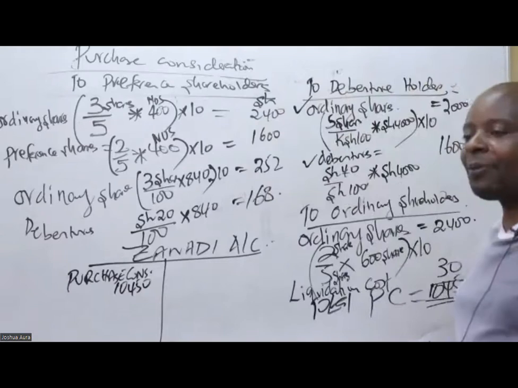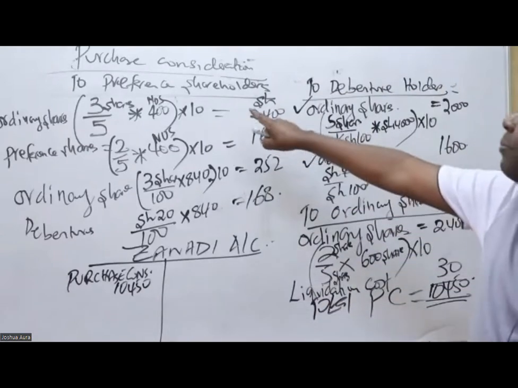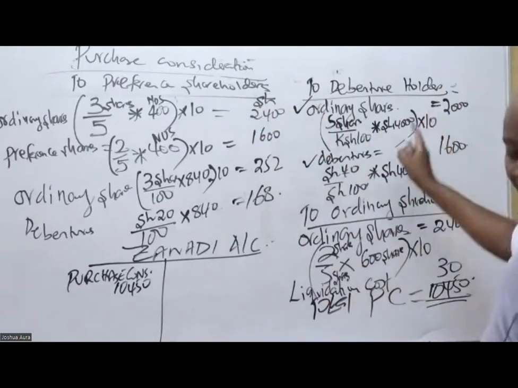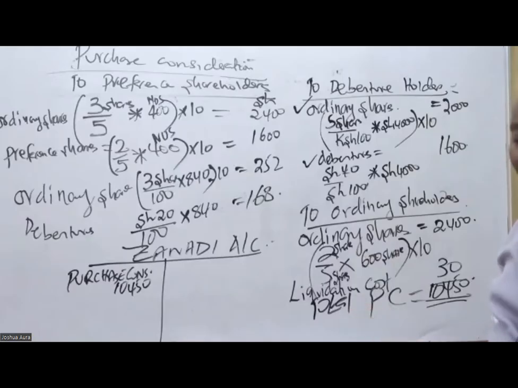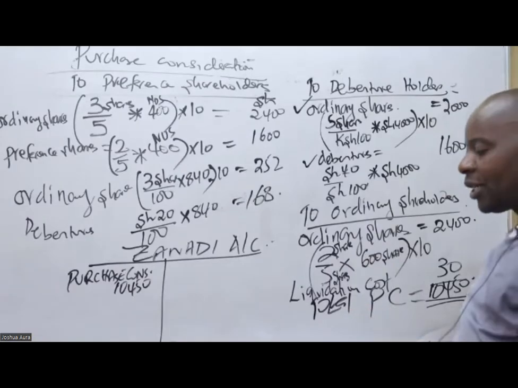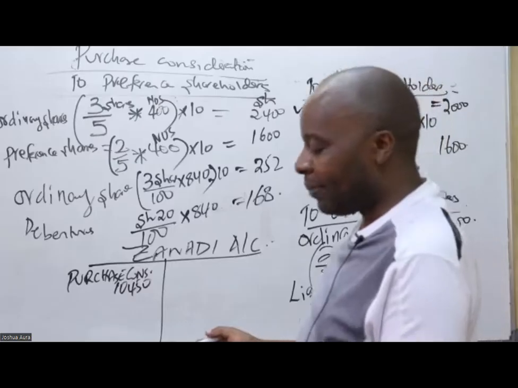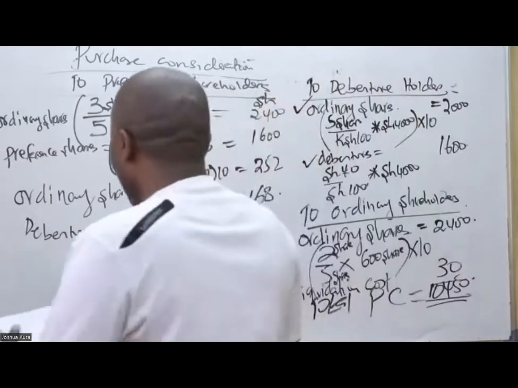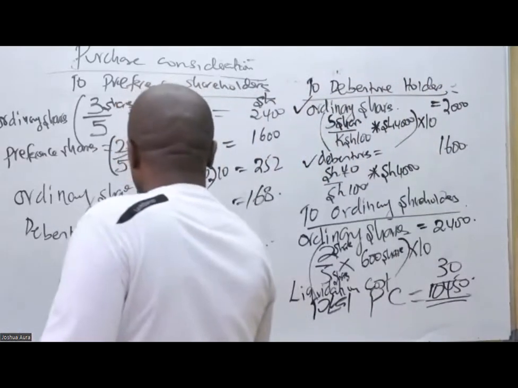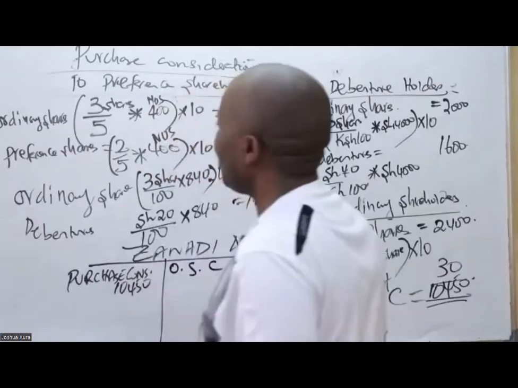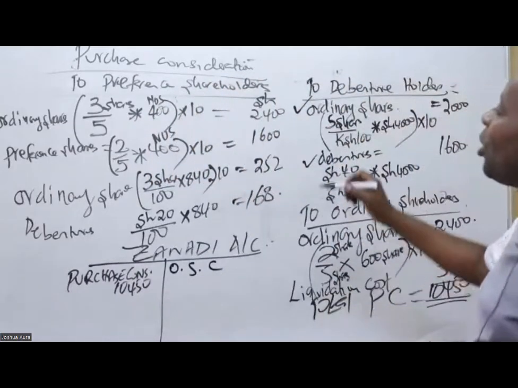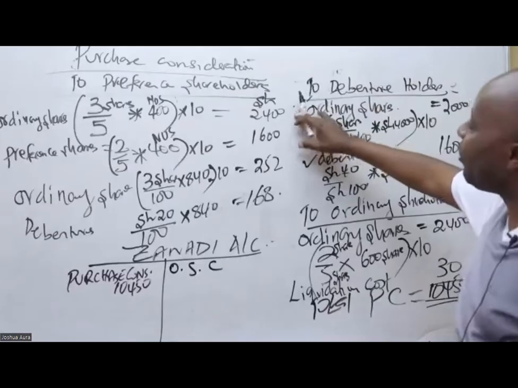This purchase consideration, now you have to explain it from this. The purchase consideration, ladies and gentlemen, you will come here and start with the ordinary share capital. You count all the ordinary share capital amounts.